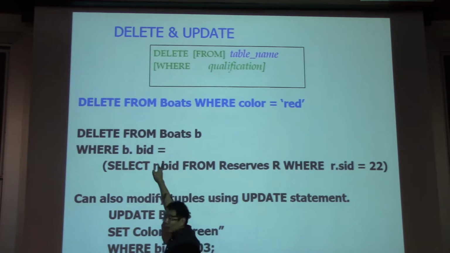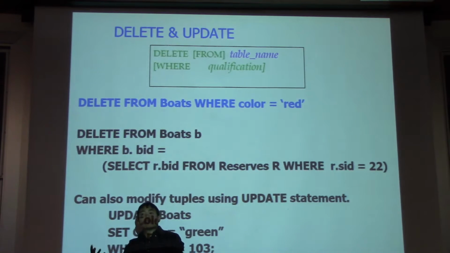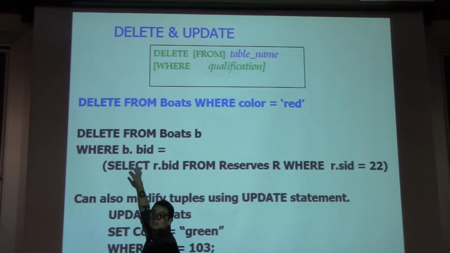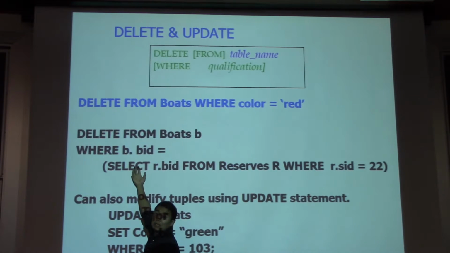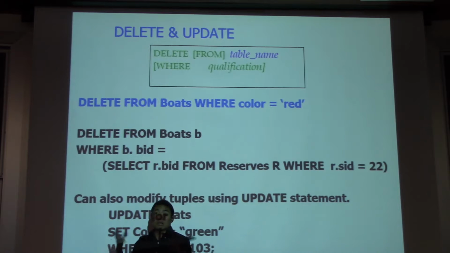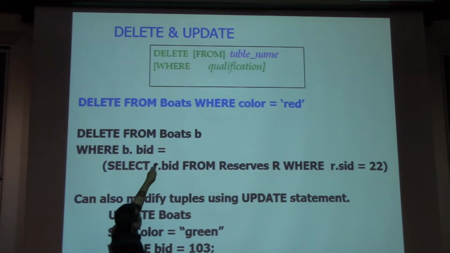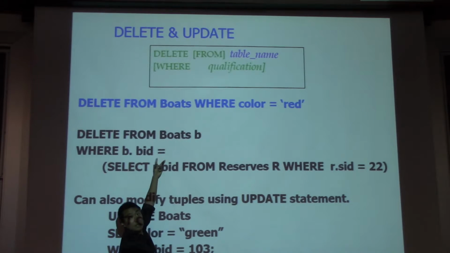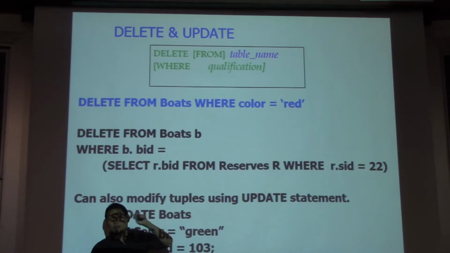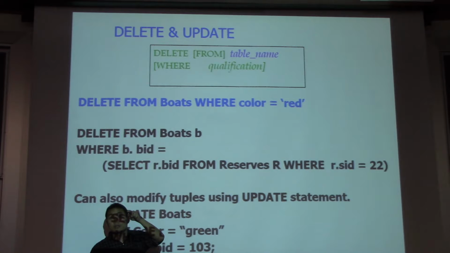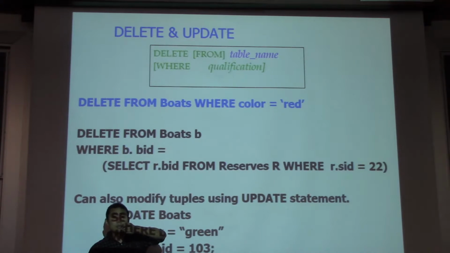So if you want to be really strict about your semantics, some database vendors may reject this, right? Because value equal to a set is not well defined. So what you should really do is change this to in, BID in this. But good catch. I see your point. Do you follow what I'm saying?